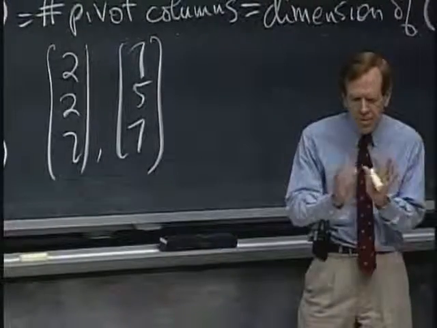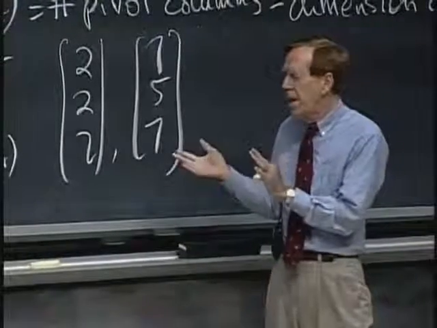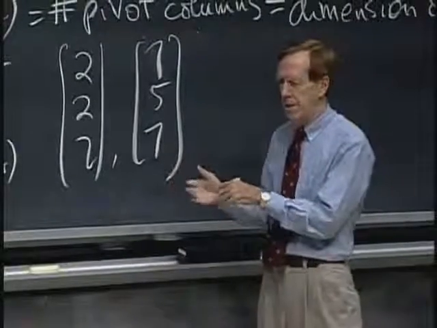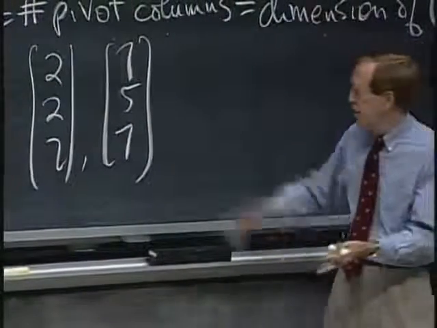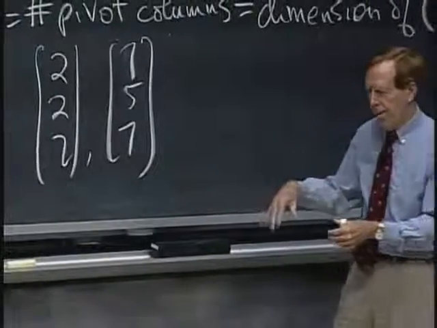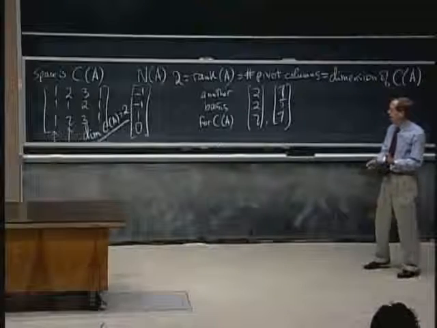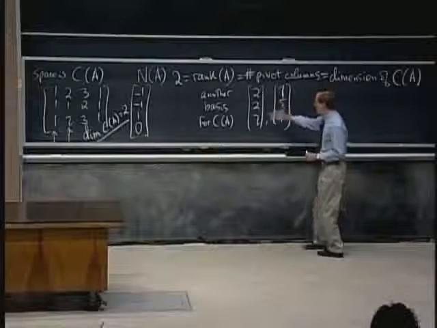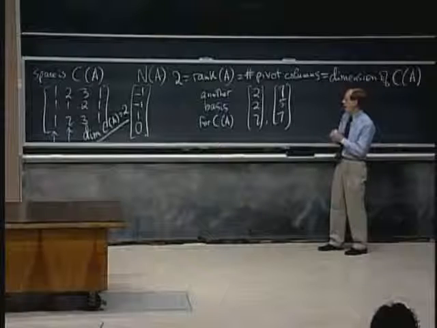If we've got the number of vectors right, 2 vectors in this case, then if they're independent, they can't help but span the space. Because if they didn't span the space, there'd be a third guy to help span the space, but it couldn't be independent. So it just has to be independent if we've got the numbers right. And they span. Okay. Very good.